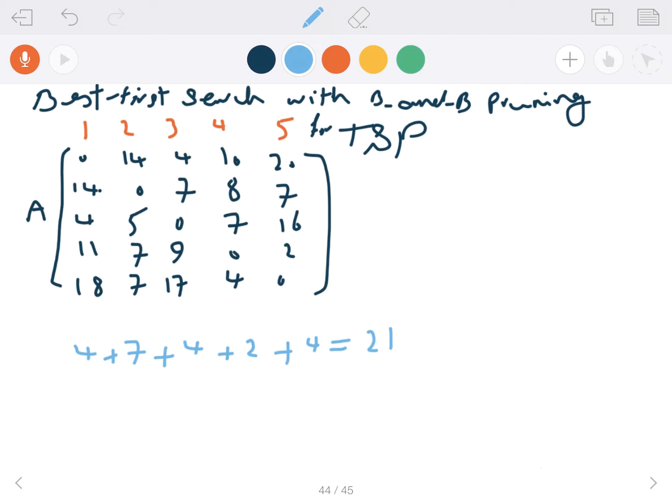So that is our bound, and any path that we find might be 21, but definitely is not less than 21.